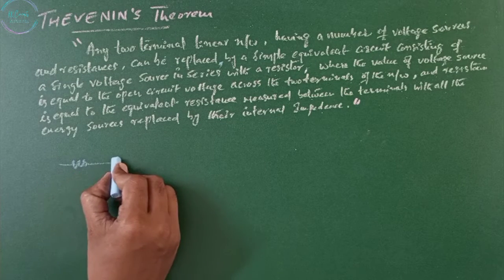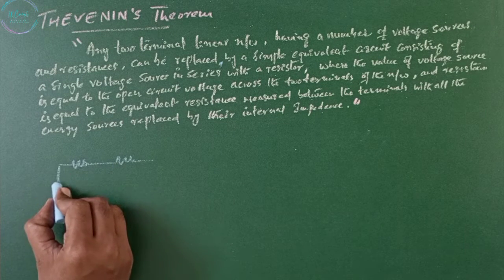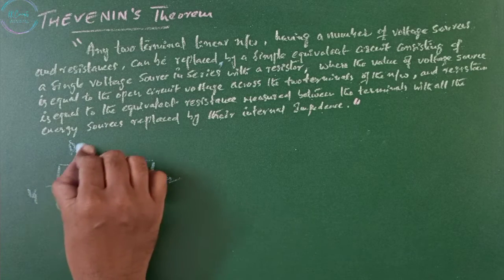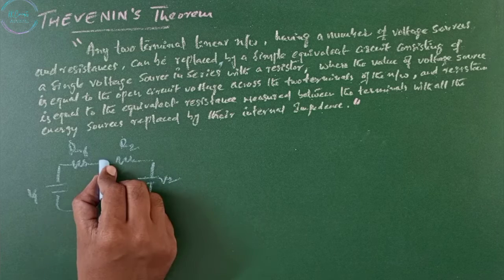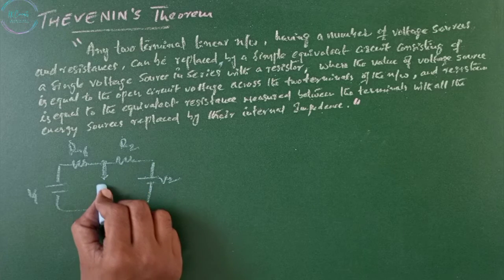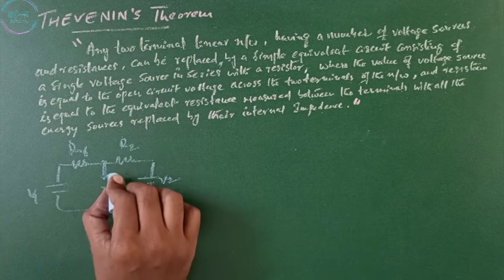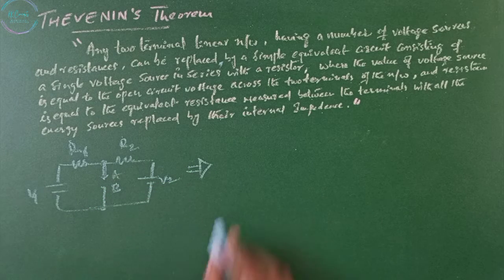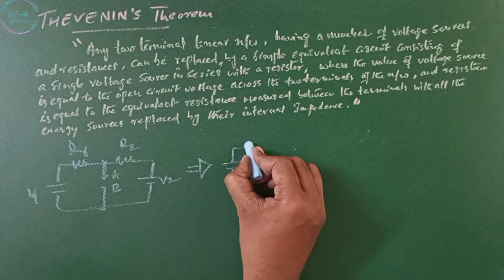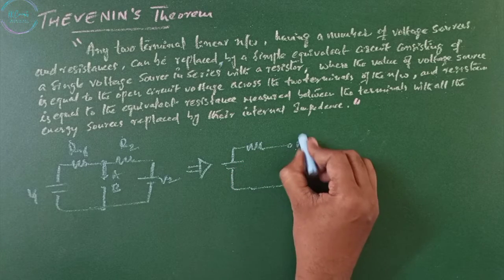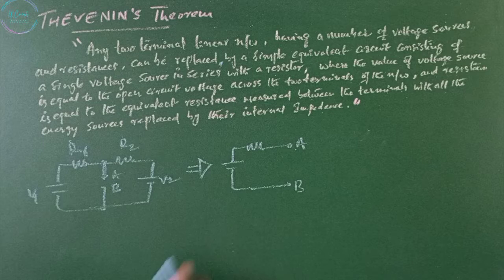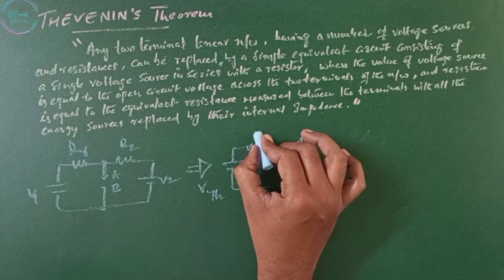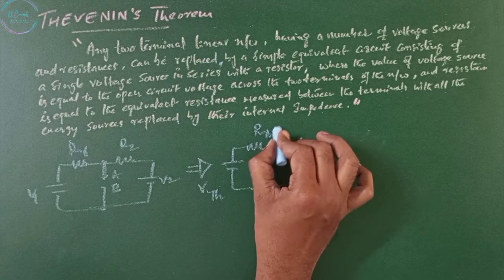If we have a circuit having two voltage sources, that is V1 and V2, and the resistances R1, R2, then we need to find out the voltage across these two terminals, A and B. Then this can be replaced by a single voltage source in series with the resistance between the two terminals A and B. This voltage is known as Thevenin's voltage, and this resistance is known as Thevenin's resistance.